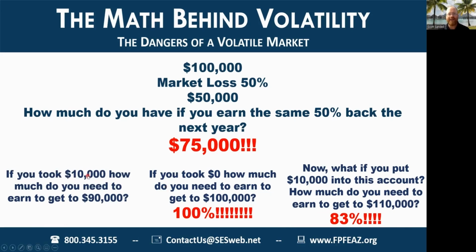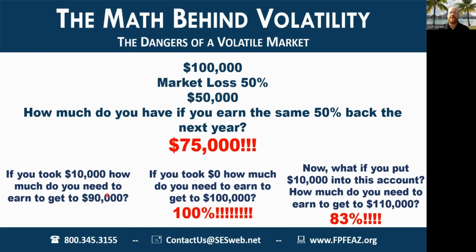We retired. We no longer are putting money into our portfolio. We're taking money out. Okay, so what happens if we take 10,000 out in this scenario? So we invested 100,000. We lost 50%. We only have 50,000. We needed money. We took 10,000 out. Okay, so now we only have $40,000 and our total invested is 90,000 because we took 10 of it.